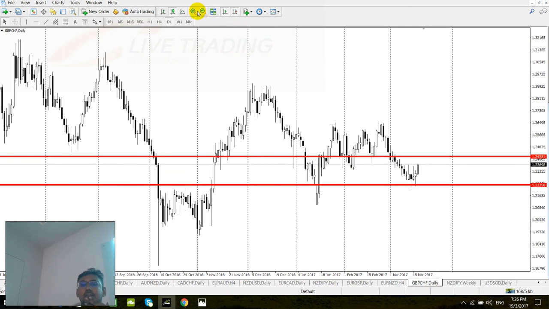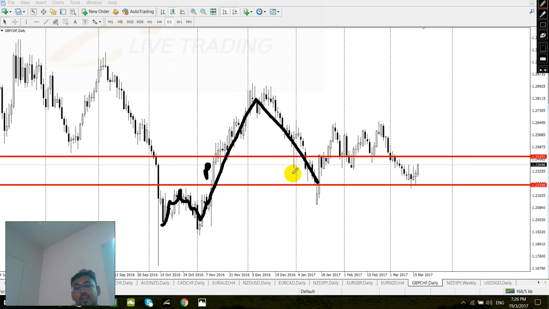GBP Swiss franc. Okay. You see, the market tried to penetrate, failed. Penetrated. Did the market retest? It tried to advance, but there's a limitation here, and this area becomes a congested range market. The market tried to penetrate down, failed.